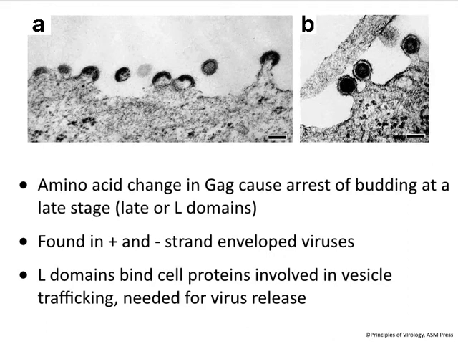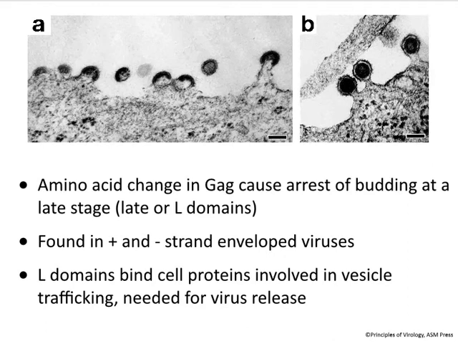These were called late domains because they affect a very late part of the maturation. Remember, normally these particles would pinch off and form free virions, but because of the changes made in the GAG, they didn't go beyond this stalk-like projection.